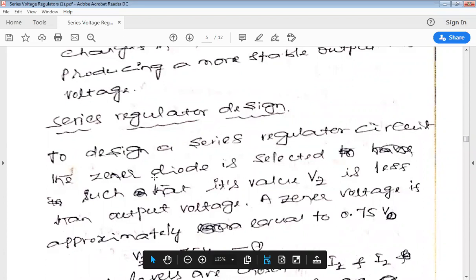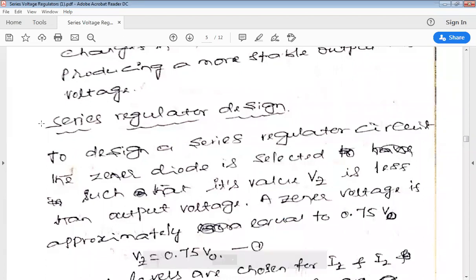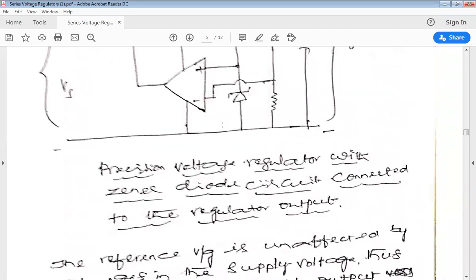Dear students, today we will discuss the series regulator design, or series voltage regulator design. In the last class, we discussed the series voltage regulator, and there is one more regulator, the Christian voltage regulator, with a Zener diode circuit connected to the regulator output.